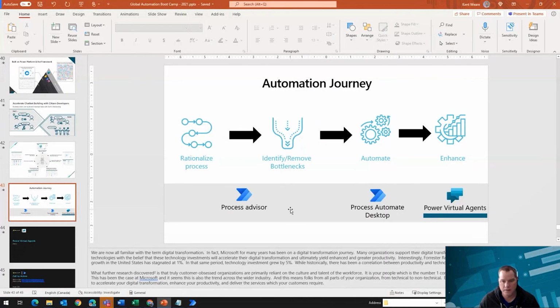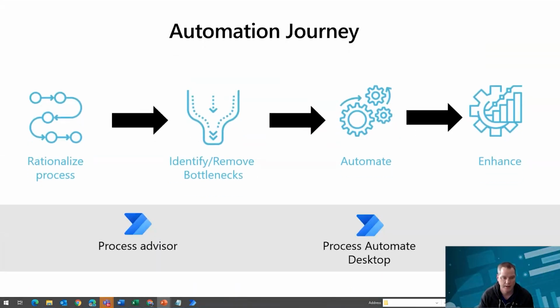So that concludes our journey of automation inside of the Microsoft platform itself. It started off with rationalizing our business process, making sure that we had a sound process to automate, and we were doing the right things. We were then able to automate it through the combination of cloud flows plus desktop flows. And lastly, we enhanced that process through the use of Power Virtual Agents.